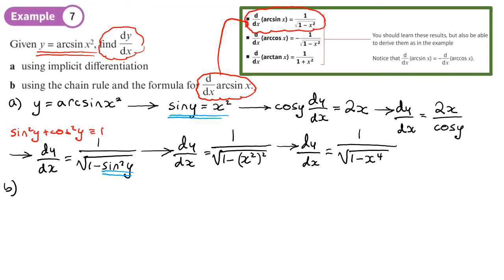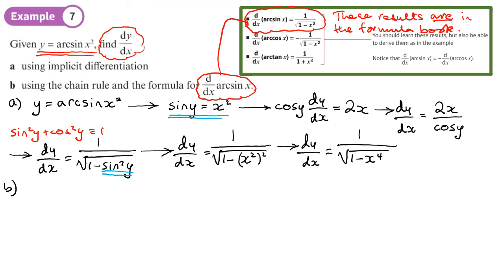So I'll just put down here that these results are in the formula book, so no need to memorize, but if you do remember them, obviously that will save you a little bit of time in the exam.